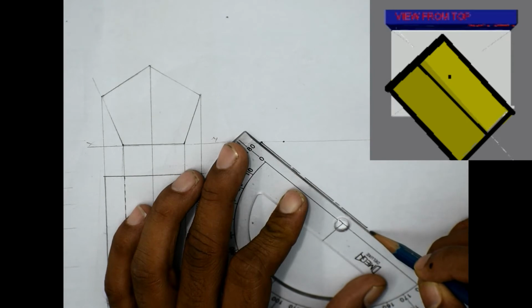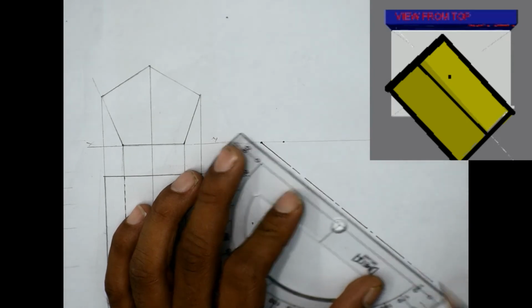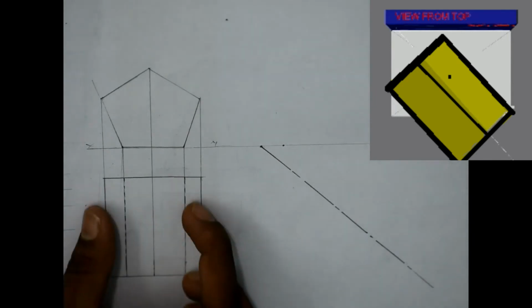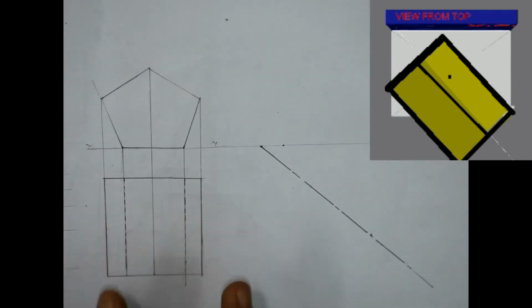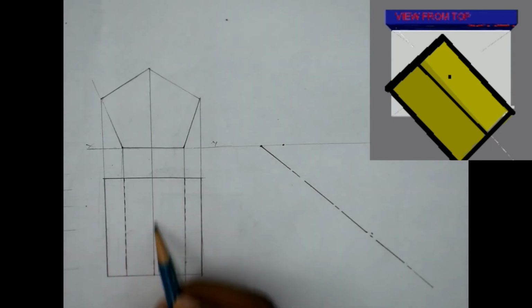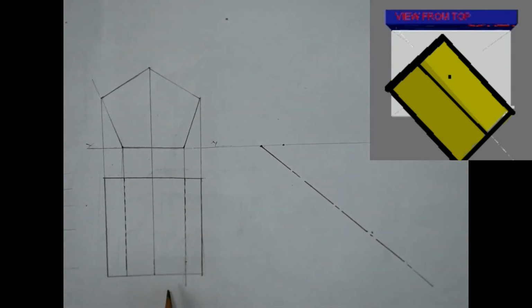See that till now I am just using the 2H pencil only. Now we have to represent this top view inclined with this axis. This is its axis line, as you can see here, the center line.